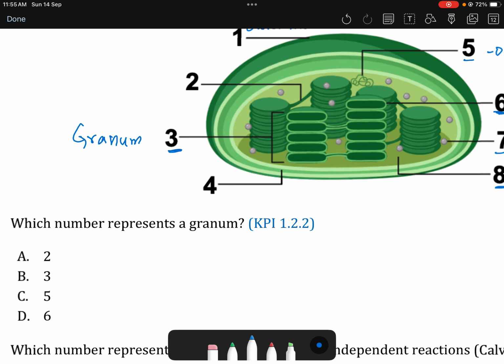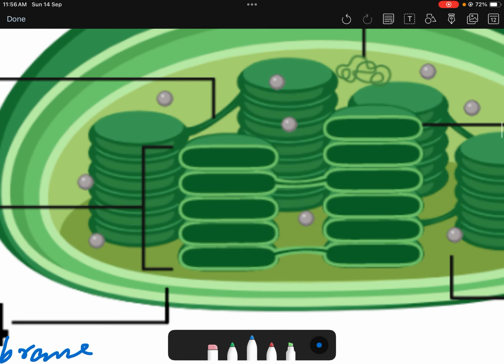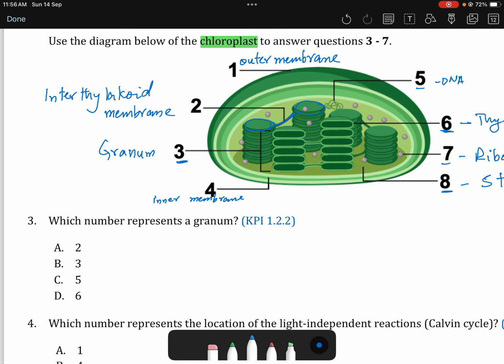And the last labeling left is number 2, which is the interthylakoid bridge or interthylakoid membrane, you can say. It connects the two thylakoids. See, this is thylakoid number 1, this is thylakoid number 2, and this is the one connecting them. It is like a bridge between the thylakoids, so we call it an interthylakoid bridge.